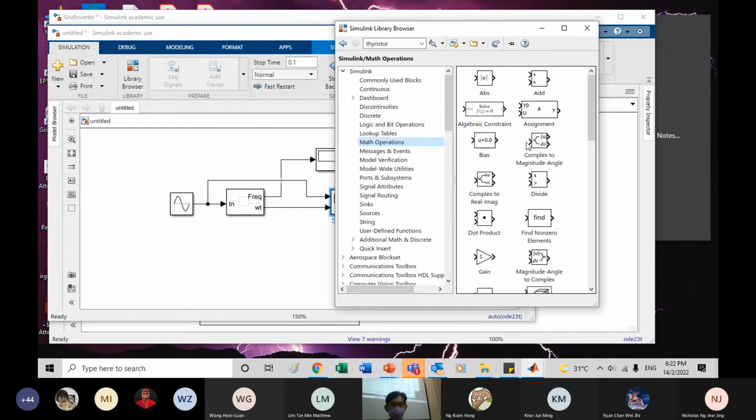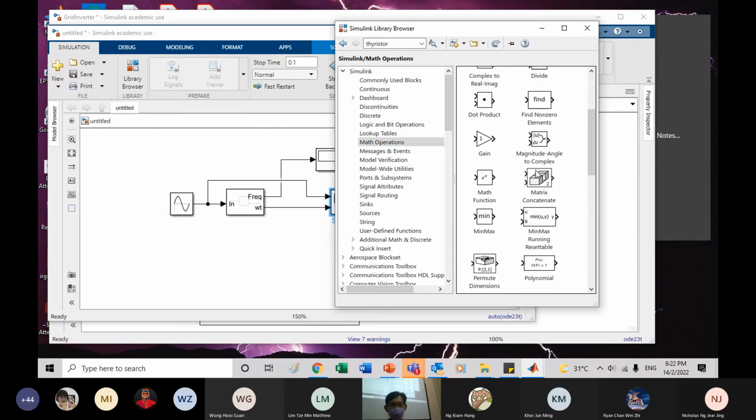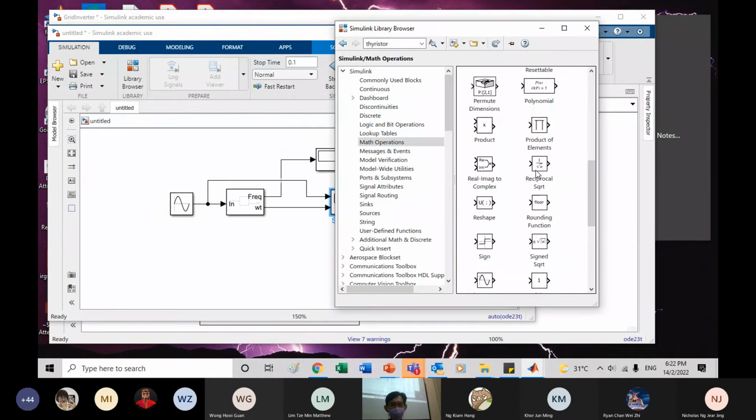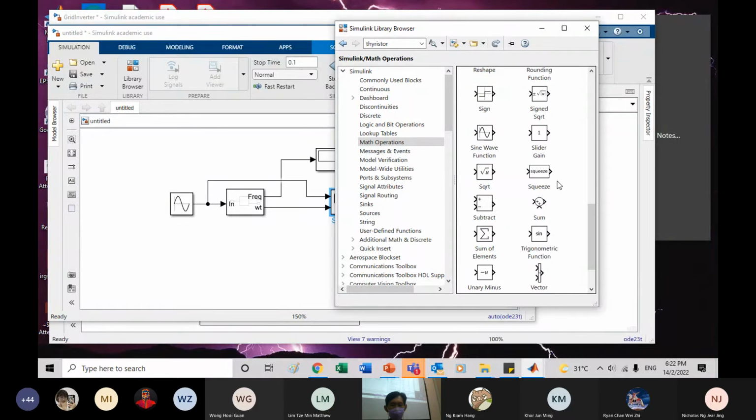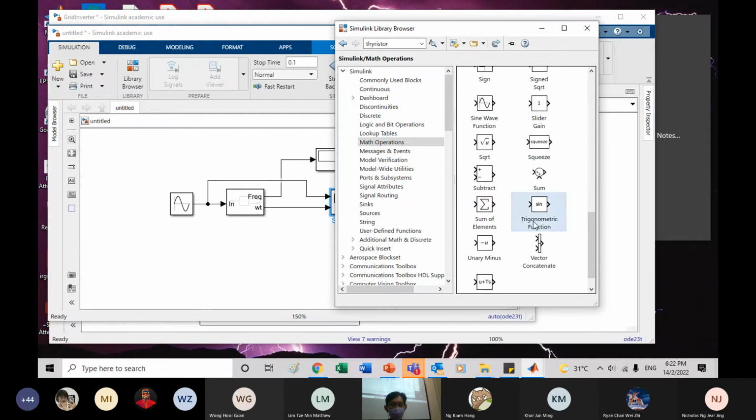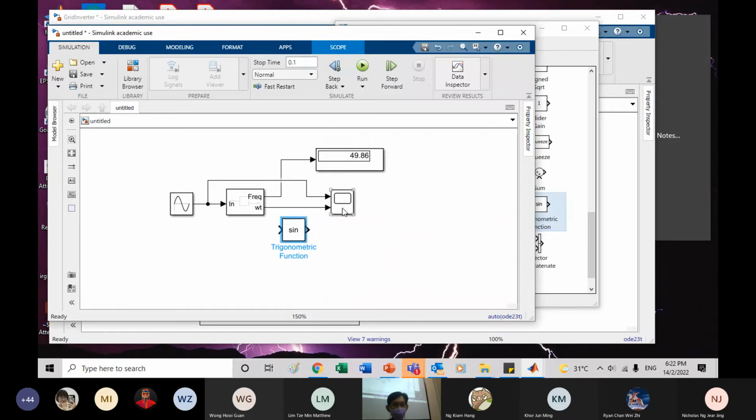In the maths operator, we have this trigo function. Where is my trigo function? Trigonometry function. Okay.